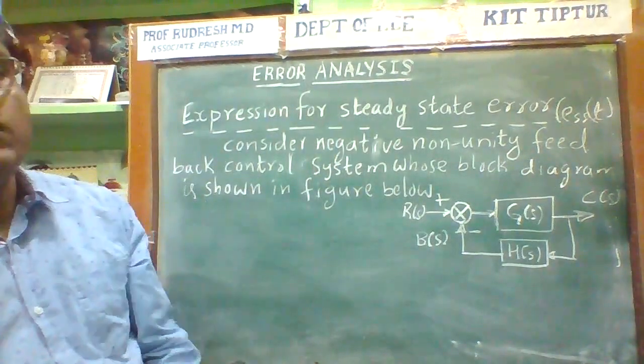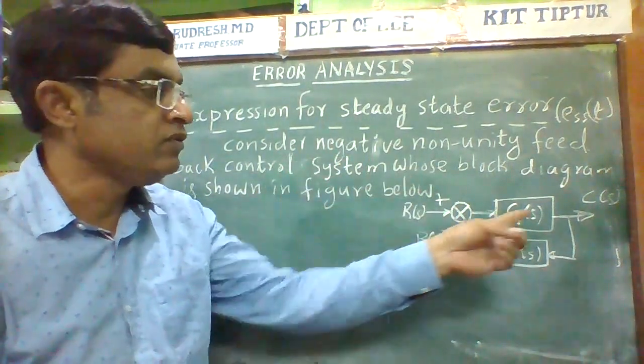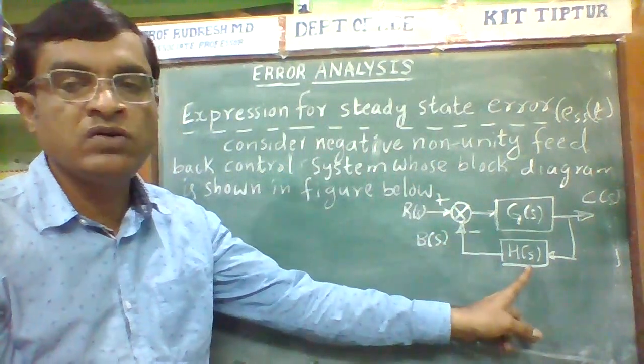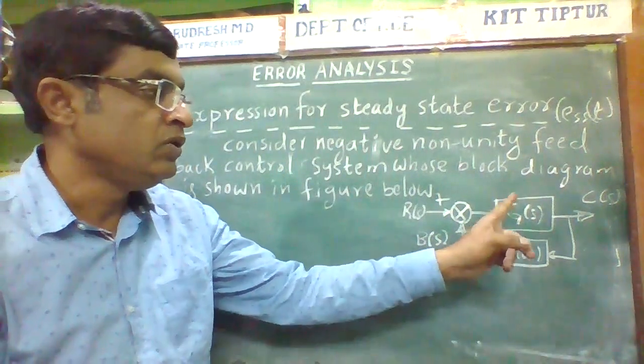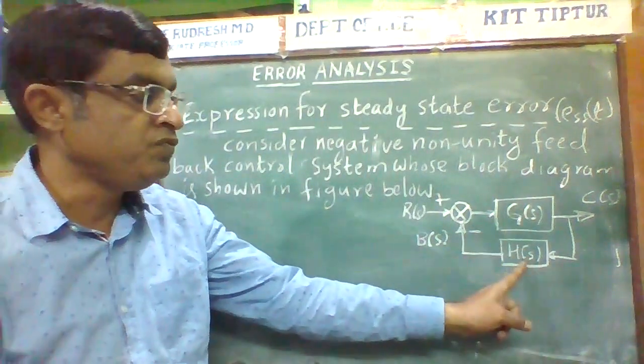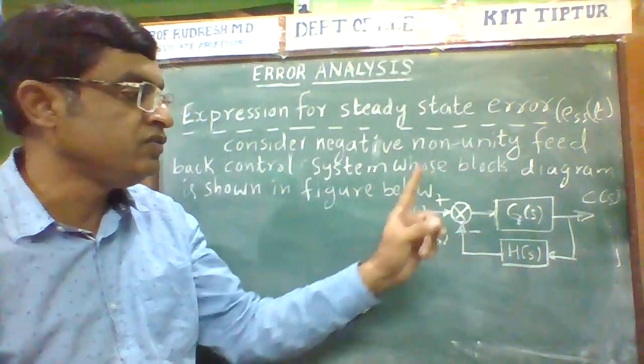For that, I need to consider the negative non-unity feedback system. Here H(s) is a non-unity value, other than one. G(s) is called the feed forward transfer function.